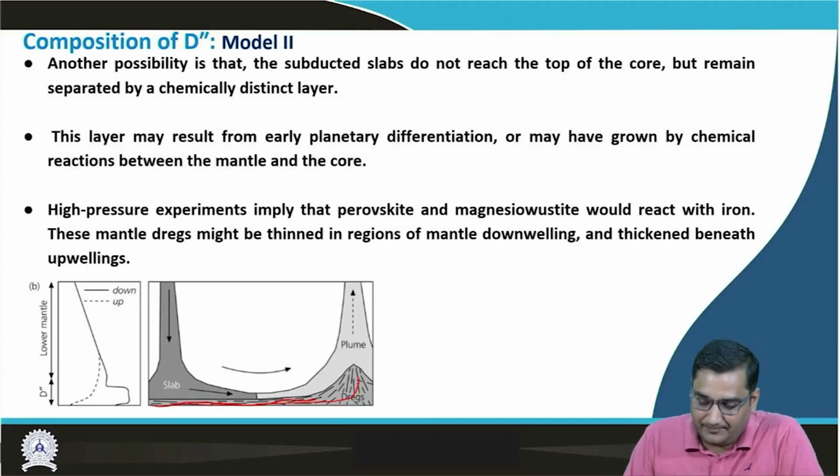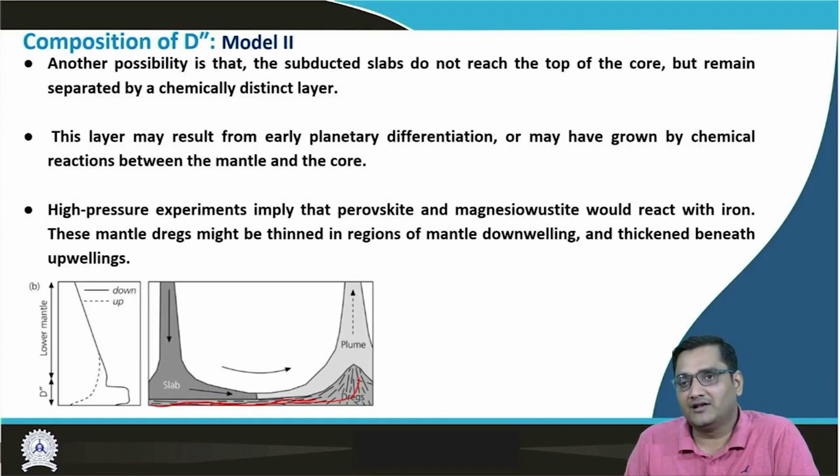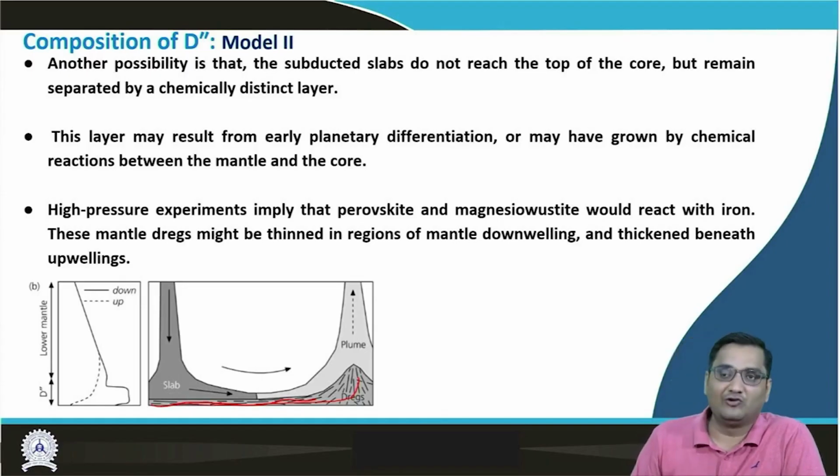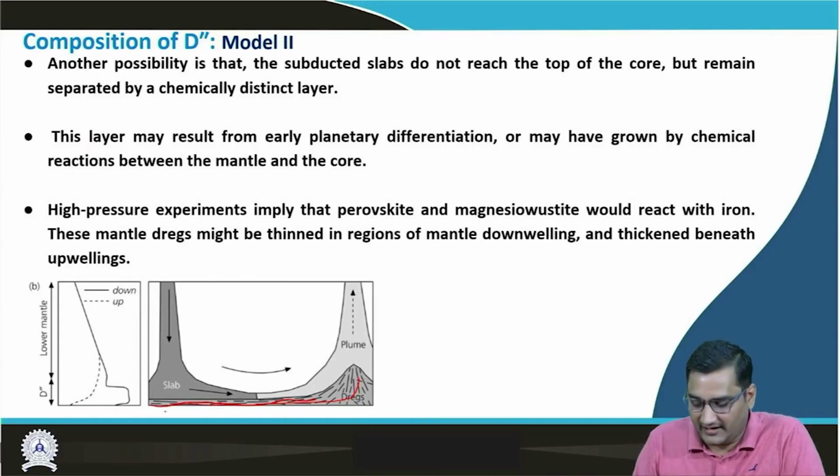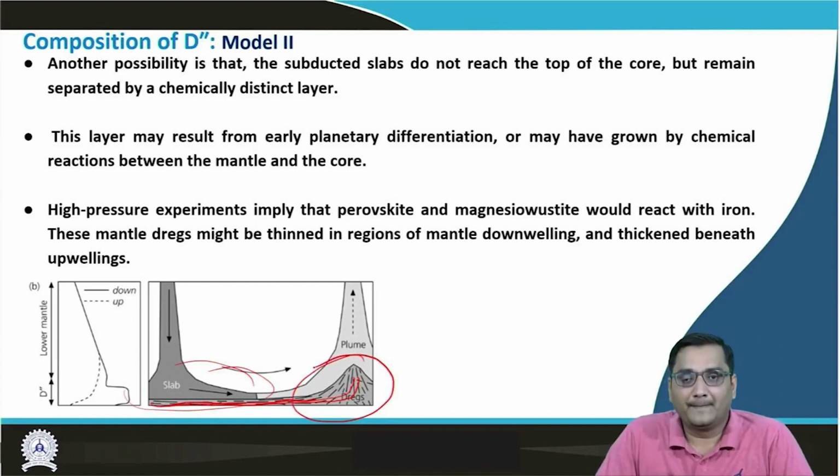High pressure experiments suggested that the perovskite and the magnesium that is present in the lower mantle would react with iron, and these mantle dregs, because this layer is known as the dregs, might be thinned in the region of the downwelling, and thicker in the region of the upwelling.